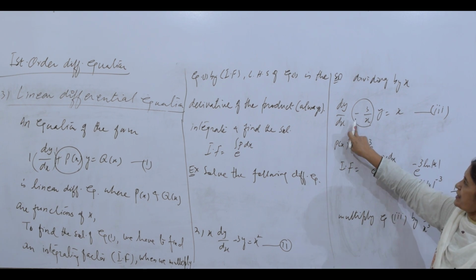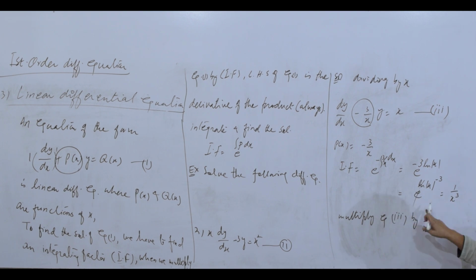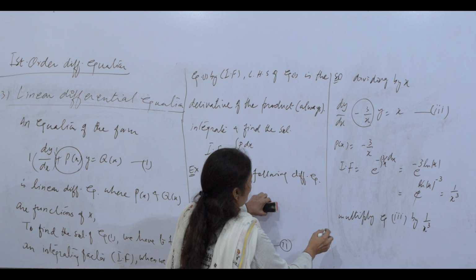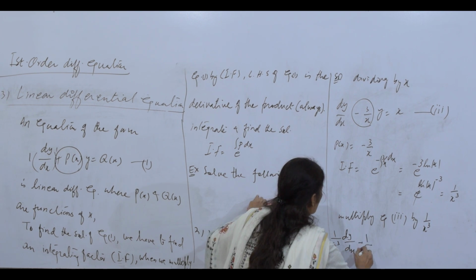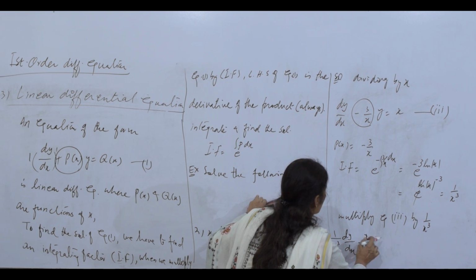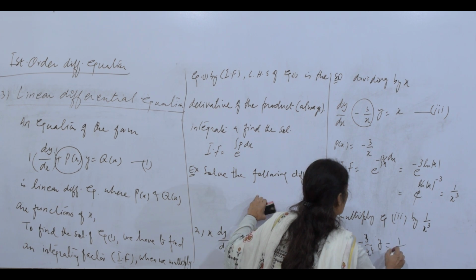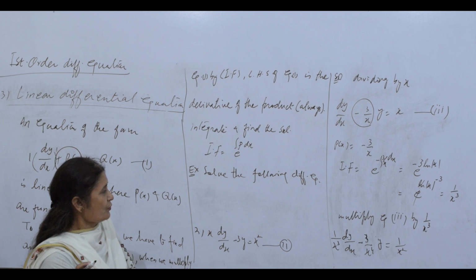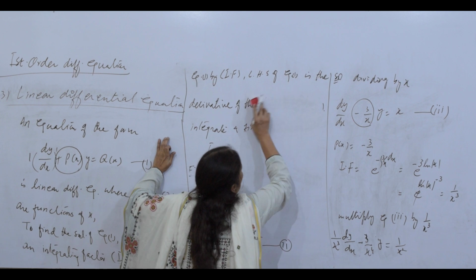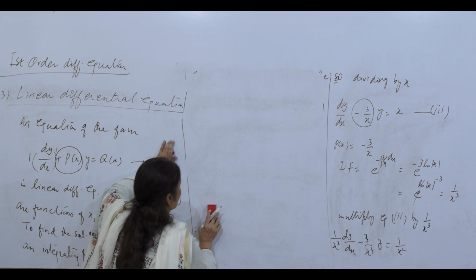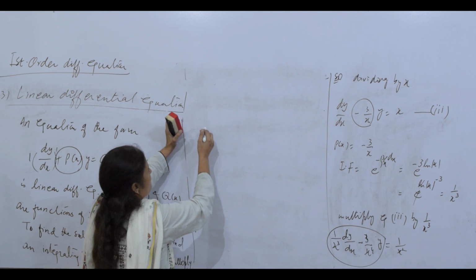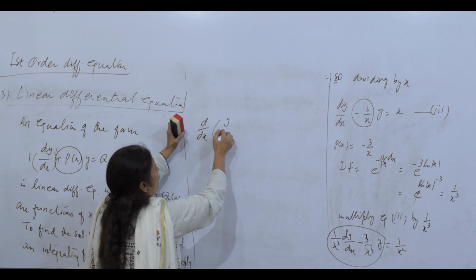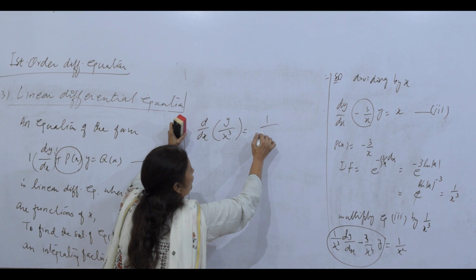Write down the standard form, then find p of x, then find the integrating factor and multiply equation 3 by 1 over x cubed. The whole equation is multiplied: 1 over x cubed dy by dx minus 3 over x^4 times y is equal to 1 over x squared. The left hand side is written as the derivative of the product, d by dx of y over x cubed, equal to 1 over x squared.